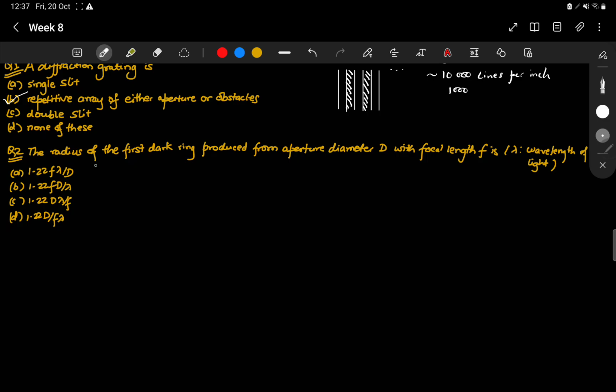So, diffraction by circular aperture. Okay, so here is my circular aperture.